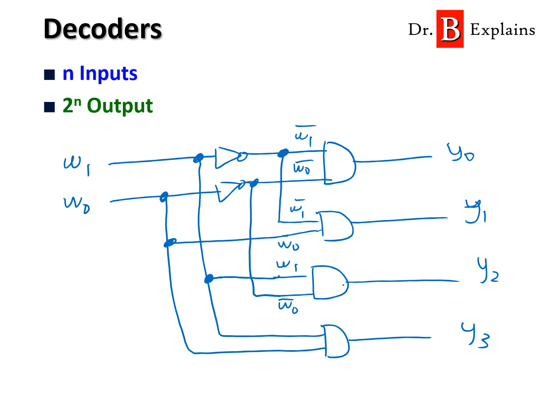And that's it. So we have these 4 outputs, to have a 0, 0, 0, 1, 1, 0, and 1, 1. Basically each of the minterms corresponds to one of the outputs.